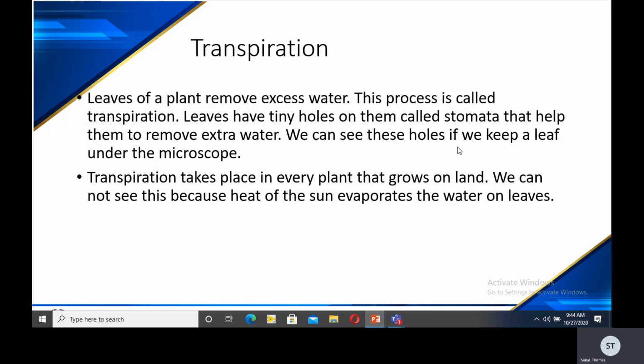We can see these holes if we keep a leaf under a microscope. Transpiration takes place in every plant that grows on land. And we cannot see this because the heat of the sun evaporates the water on leaves.